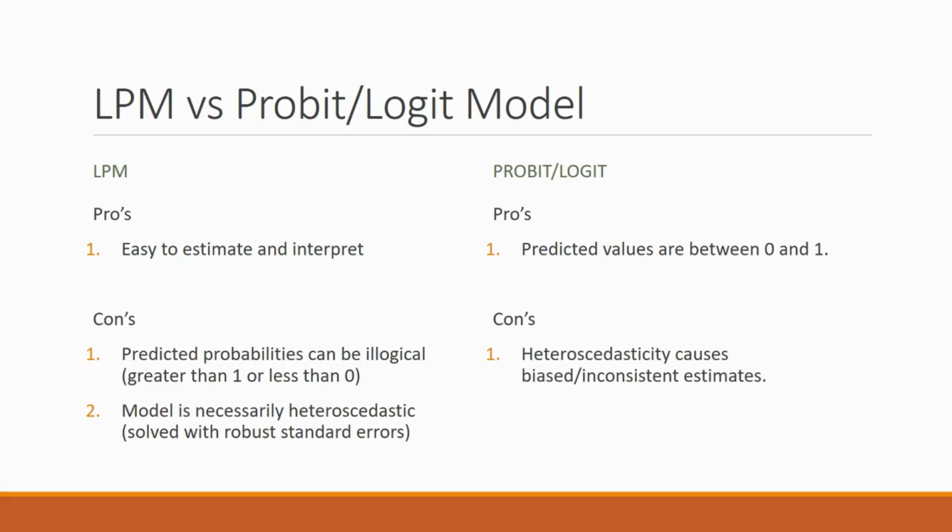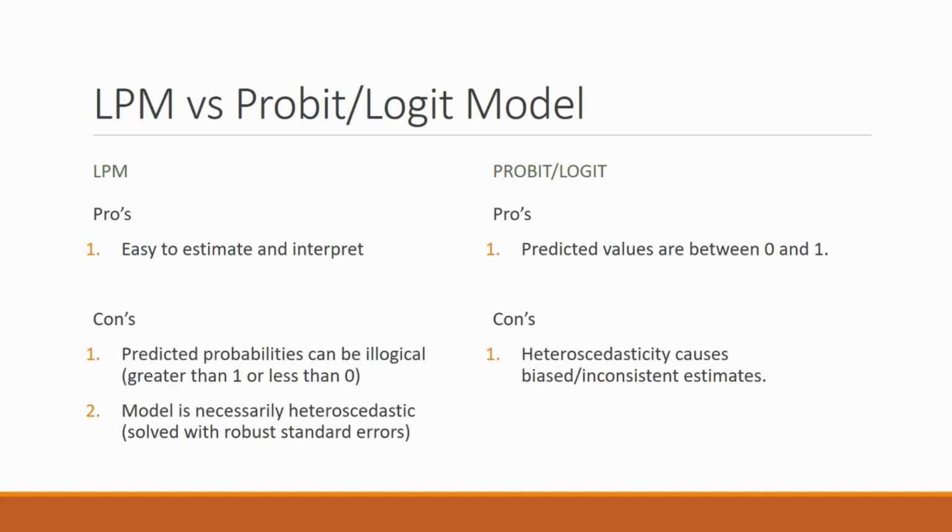Now, if you remember from lecture 7, I said that when we have heteroscedasticity, that causes our standard errors to be biased, but does not cause our coefficient estimates to be biased. So heteroscedasticity, when we're using ordinary least squares, when we're using a linear probability model, for example, is not a very serious problem.